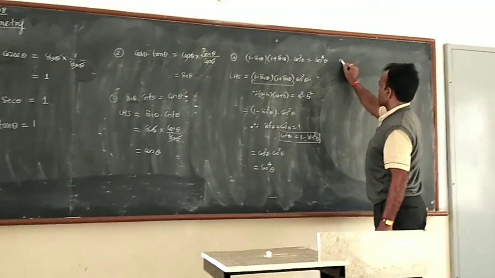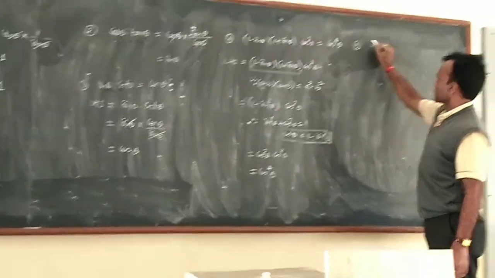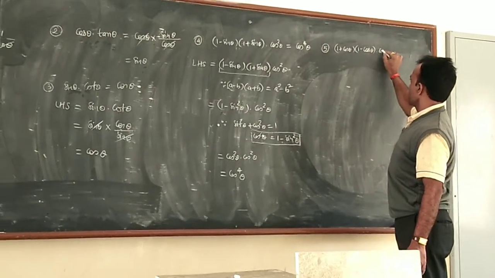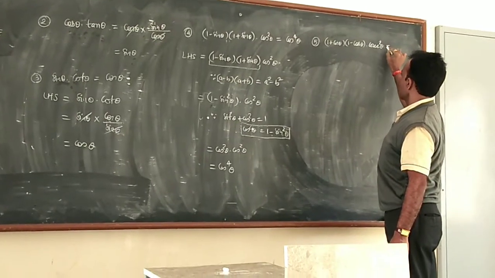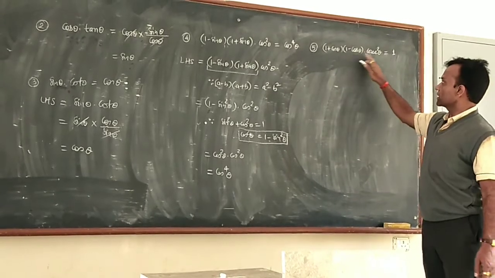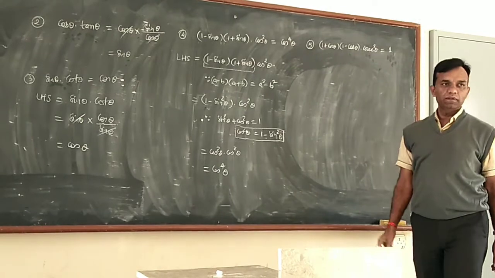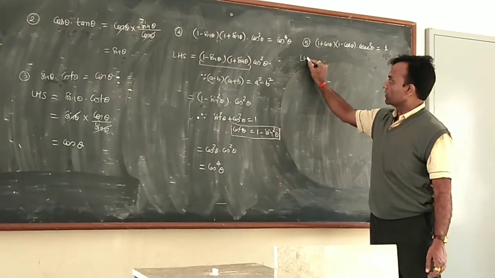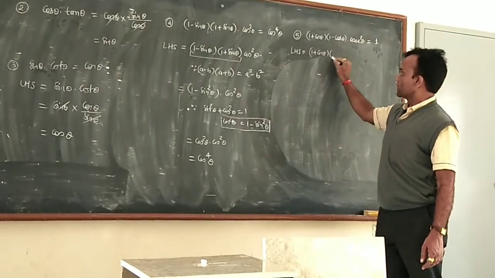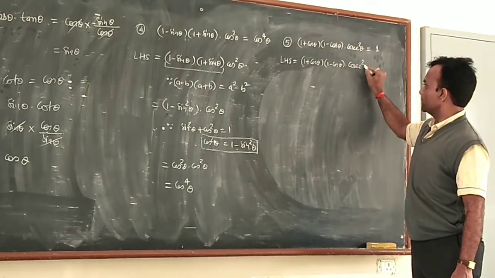One more result. Again here we do the same: (1 plus cos theta)(1 minus cos theta) into cosec square theta equals 1. These two brackets are here and then into cosec square theta you get 1. So how is it 1? First write down the LHS part: (1 plus cos theta)(1 minus cos theta) into cosec square theta.